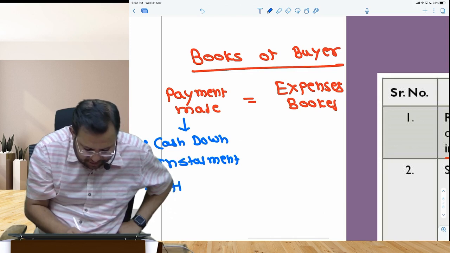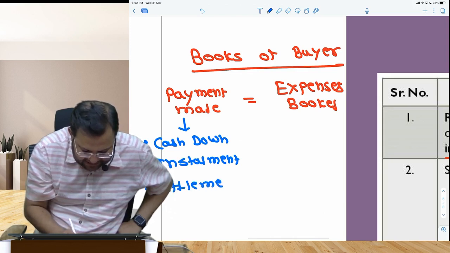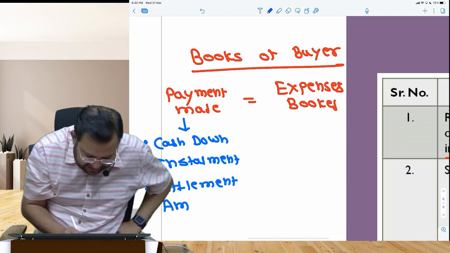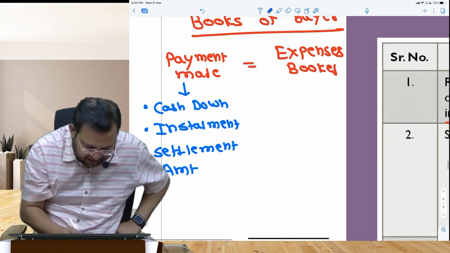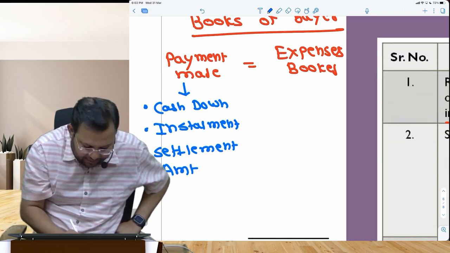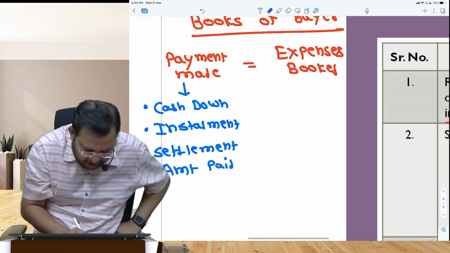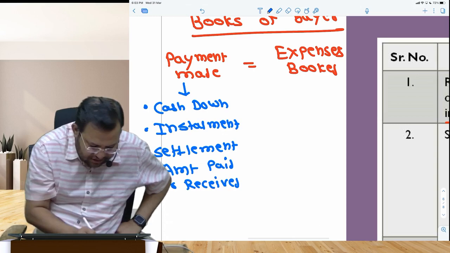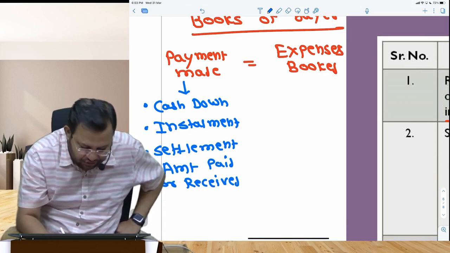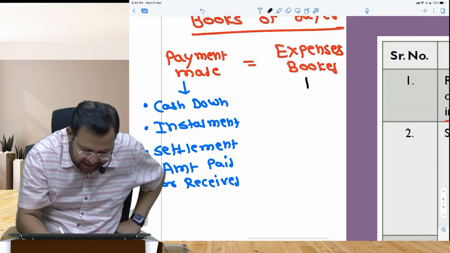Settlement amount में receivable हो सकता है या payable हो सकता है, as the case may be. तो ये जो payments है, this could be payment or receipt. Settlement amount paid or received, ये consider करो. So these three amounts must be equal to expenses booked.